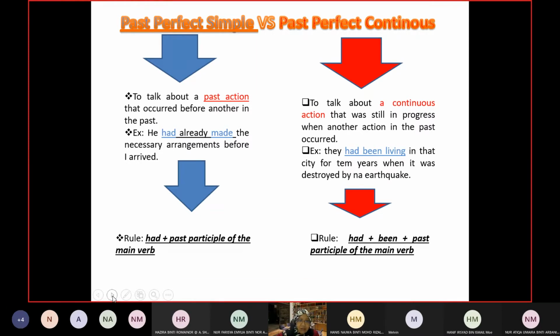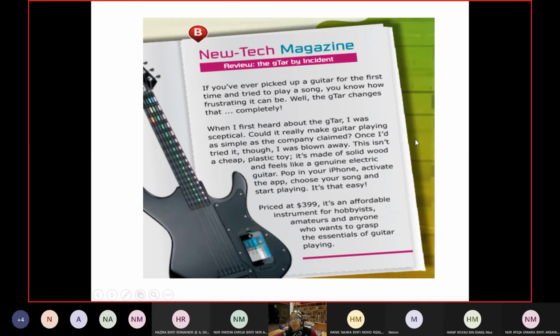Alright, you see this short text that I took from your reading last Monday. Can you identify which one is past perfect or past perfect continuous? You go through the text. I would like to ask Anissa.